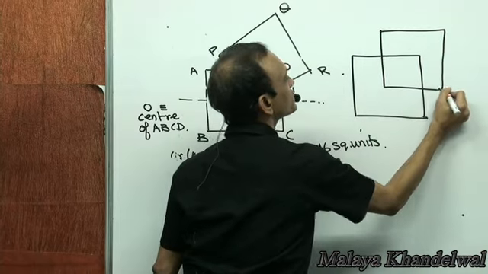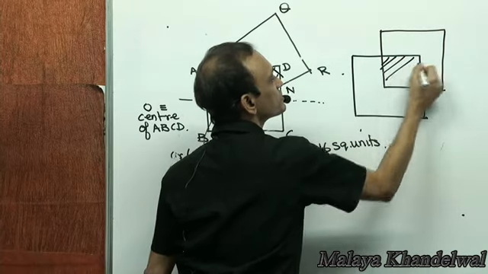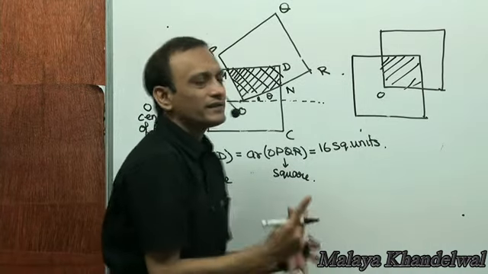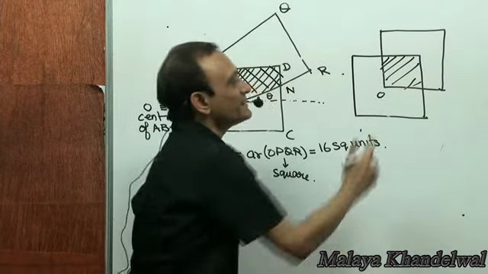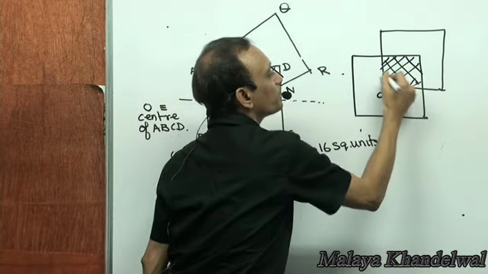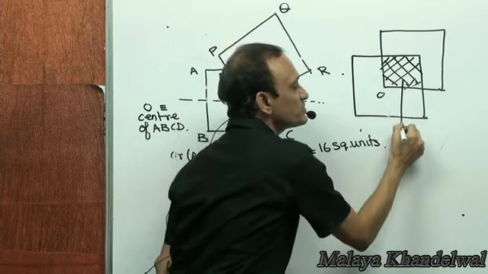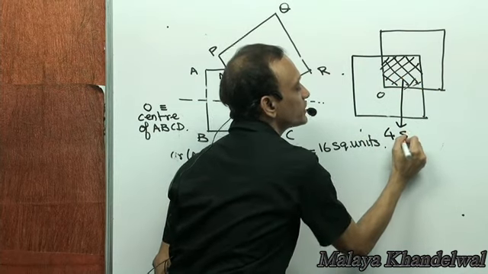This is the new orientation, and this becomes the shaded region. Do you realize that? It's easy to see that this shaded region would be 1/4 the area of the square. That means this shaded region would just be 4 square units.